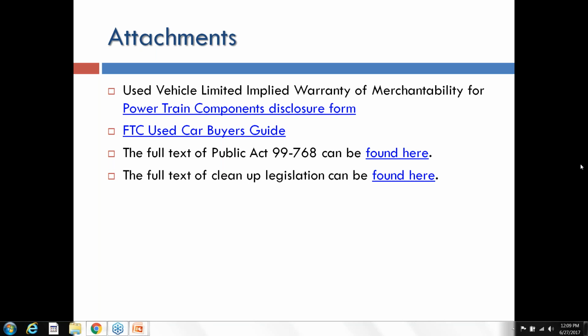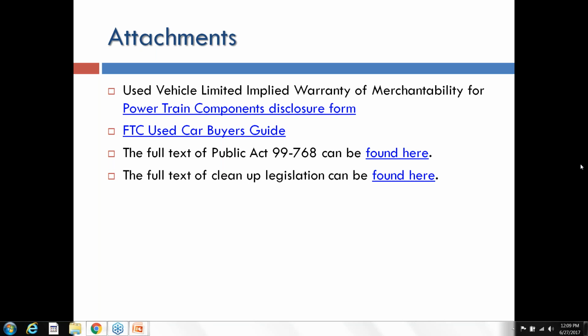Under the cleanup legislation, the 15-day, 500-mile warranty requirements will not apply to the sale of the vehicle where the dealer offers an express warranty that provides coverage equal or greater than the limited warranty.